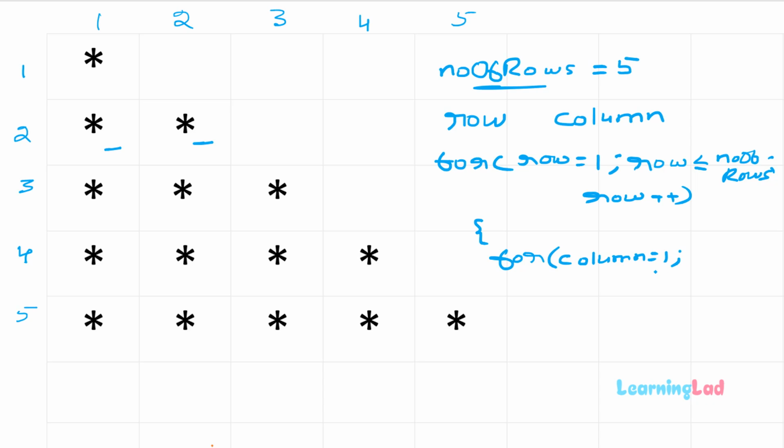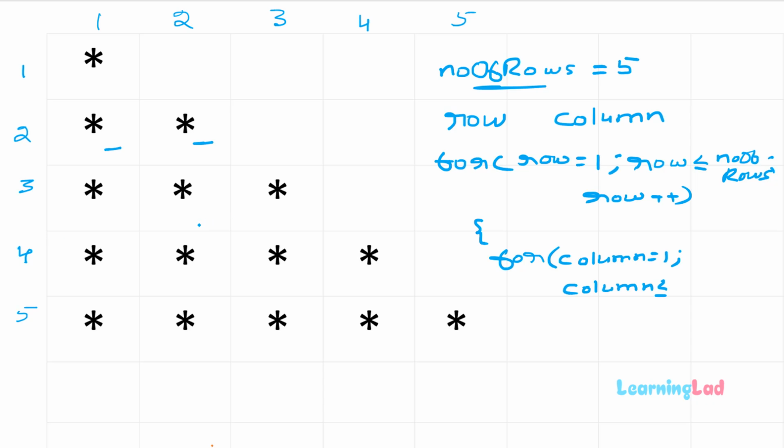Column equal to 1, and the condition here is column less than or equal to how many columns we want to print for a particular row. As I said before, we know how many columns we have to print for a particular row, and that is nothing but the row number. That is, for the third row we need to print 3 columns. So that 3 columns is nothing but the row number 3.